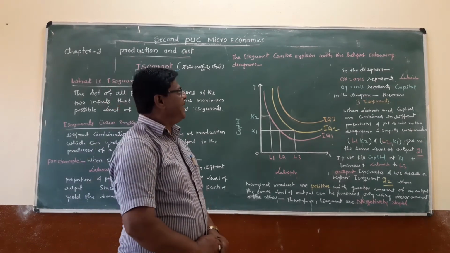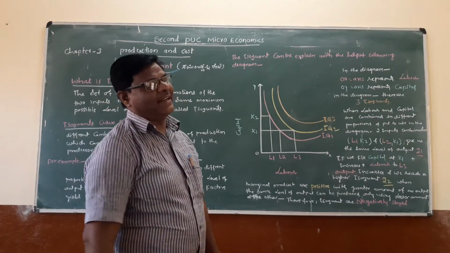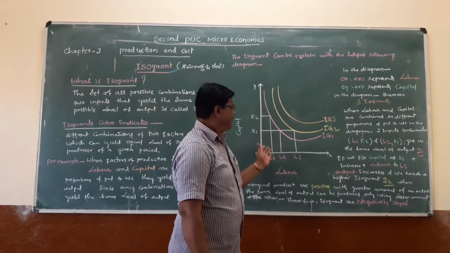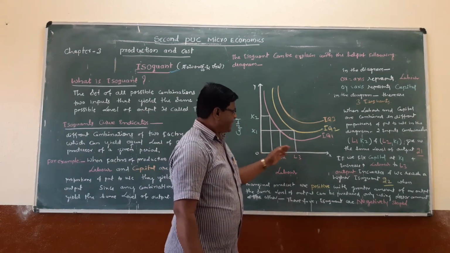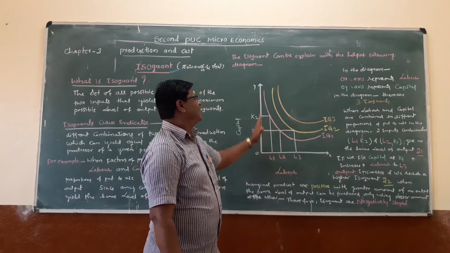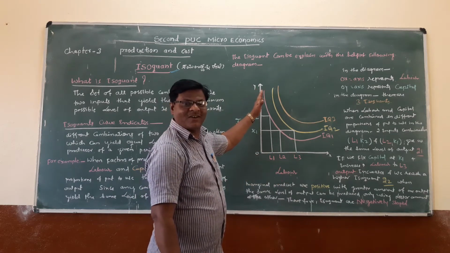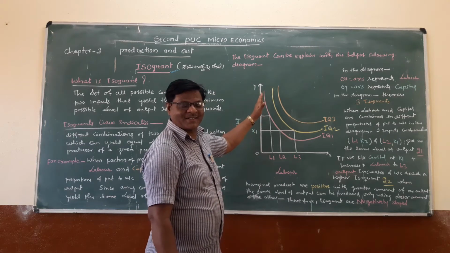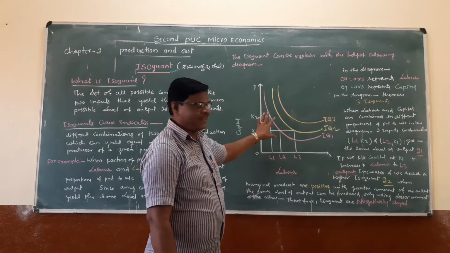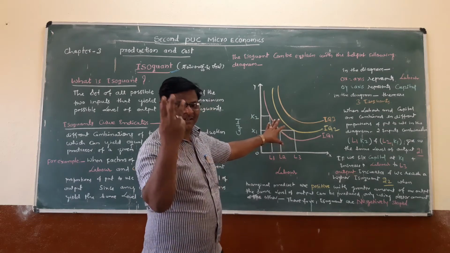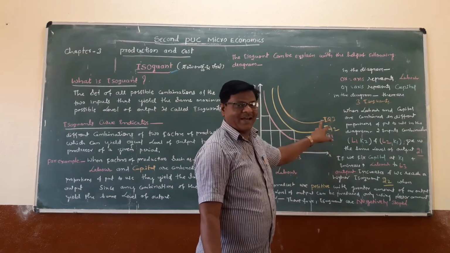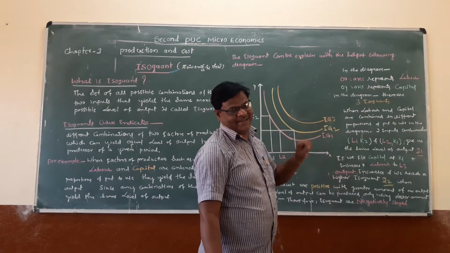The isoquant can be explained with the following diagram. This is the isoquant diagram. The X axis represents labor, and the Y axis represents capital. In this diagram, there are three isoquant curves: IQ1, IQ2, and IQ3.